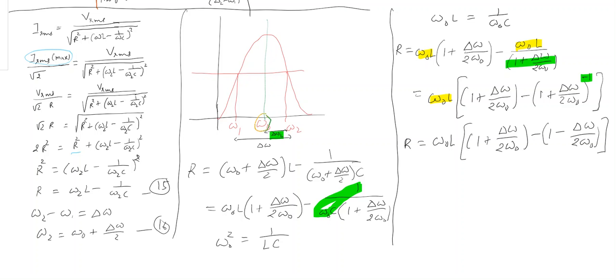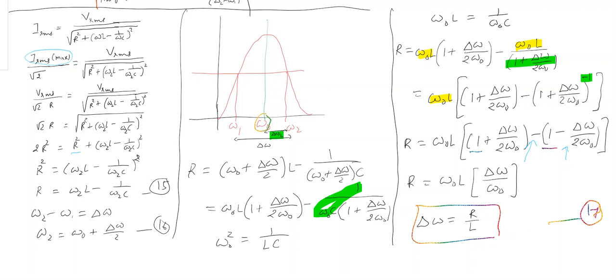So on simplifying, when you open the bracket, this 1 and this 1 will cancel out, and this minus sign and minus sign will make it positive, which when added to the previous term, you will have R is equal to omega 0 L times delta omega by omega 0, and that means that delta omega is nothing but R by L, and this is our 17th equation.